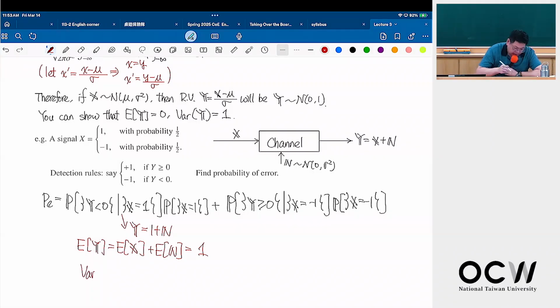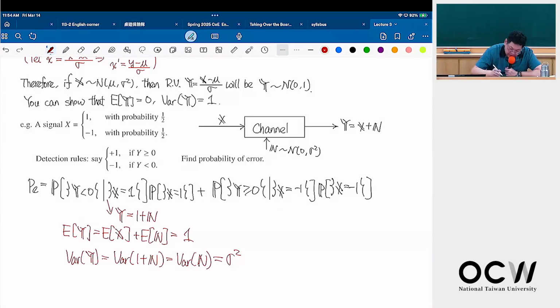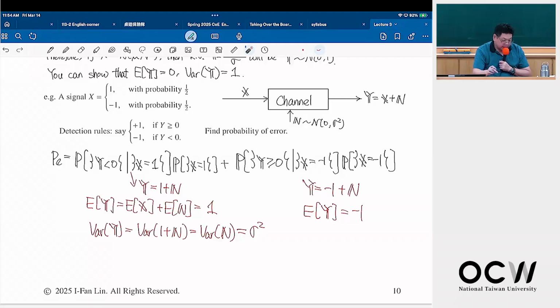And the variance is the variance of 1 plus N, so that is the variance of N, and we know N is Gaussian, so this is sigma squared. And in the other case, Y is equal to minus 1 plus N, so the expectation of Y will be minus 1, because N is noise and the mean is 0.